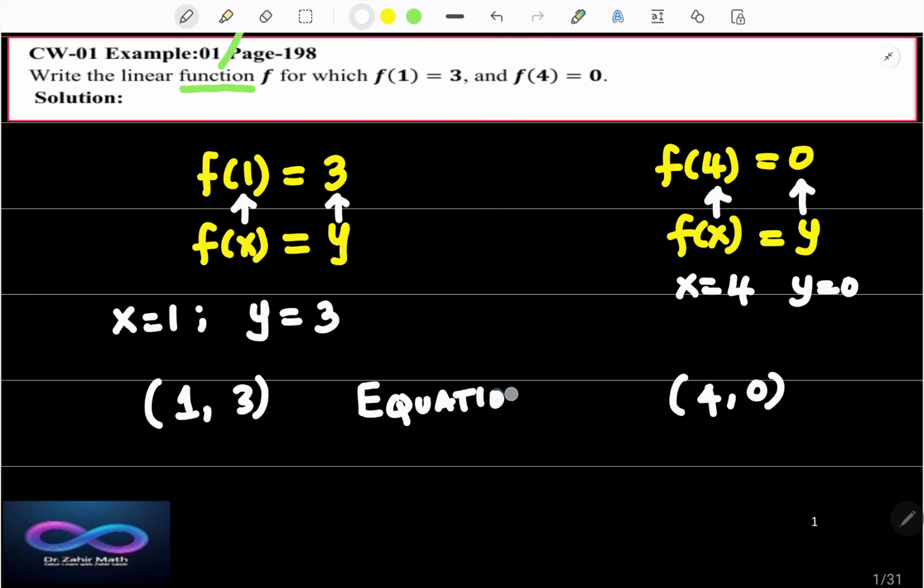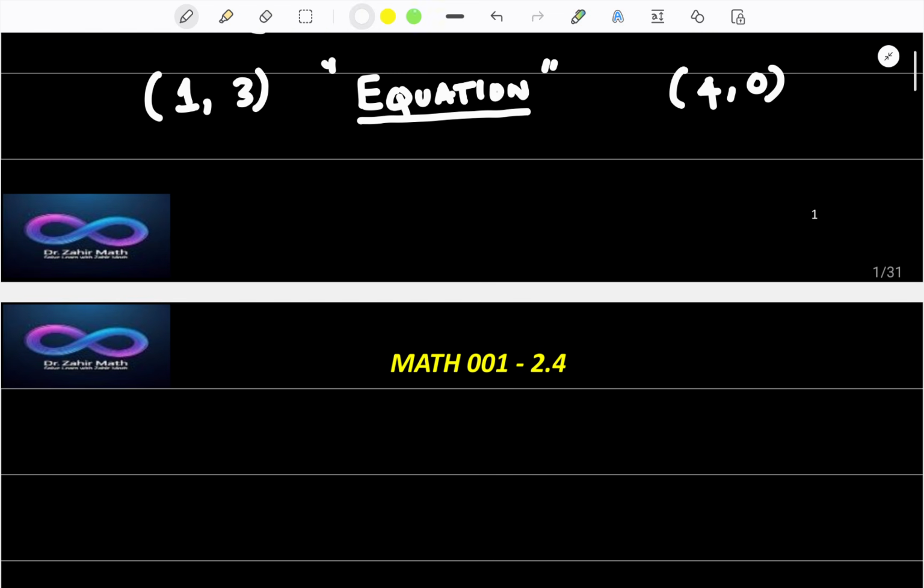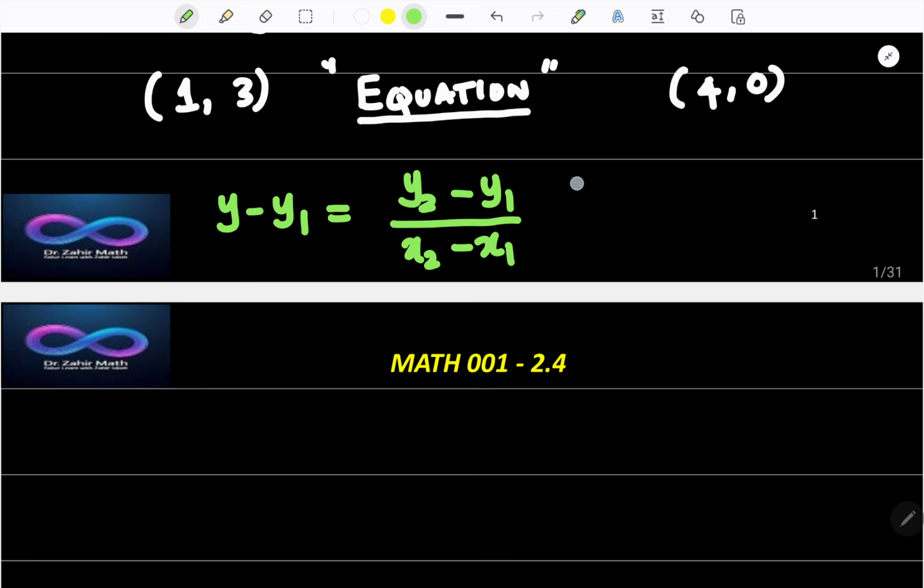When 2 points are given, what is the formula to find the equation of the line? Y minus y1 equals y2 minus y1 divided by x2 minus x1 times x minus x1. Clear everybody? Right. So this is your point x1, y1 and this is x2, y2.